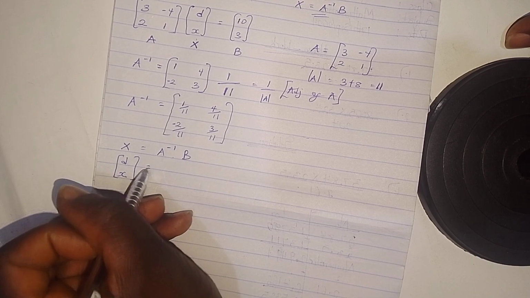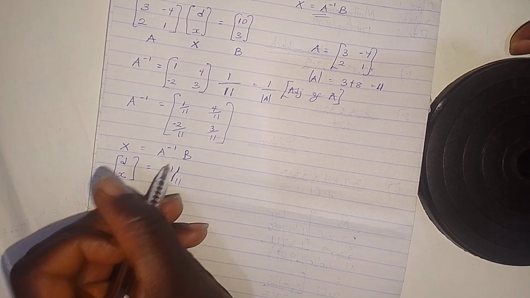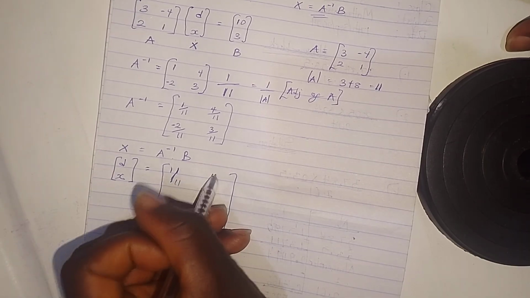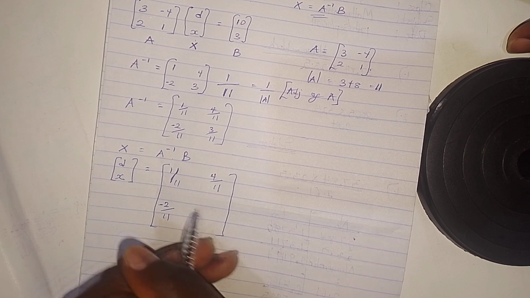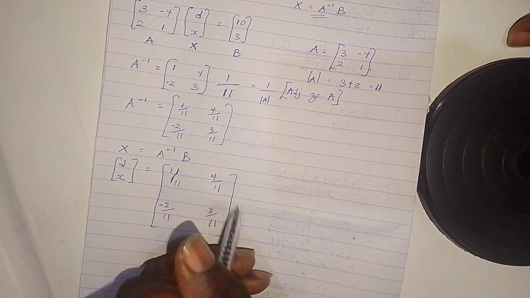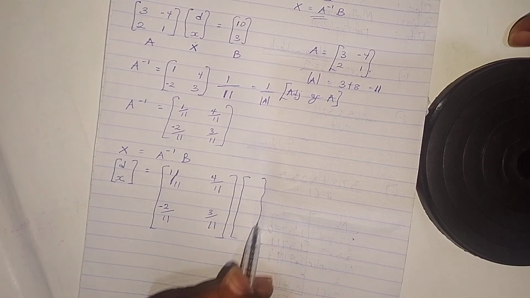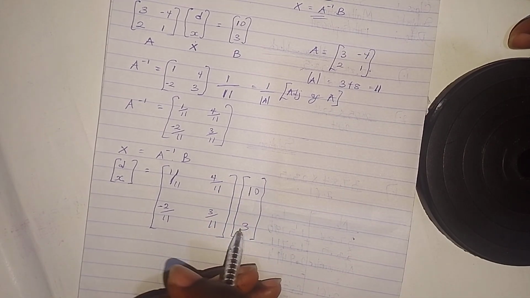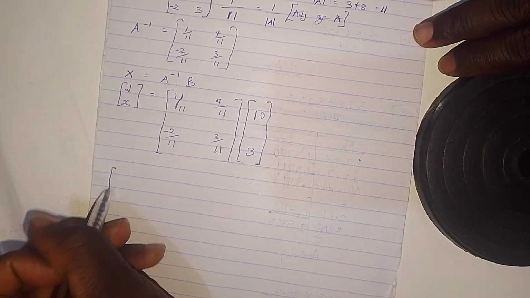Our A inverse is this: 1 over 11, 4 over 11, minus 2 over 11, 3 over 11. Then the B is 10 and 3. So we are going to multiply the two matrices.